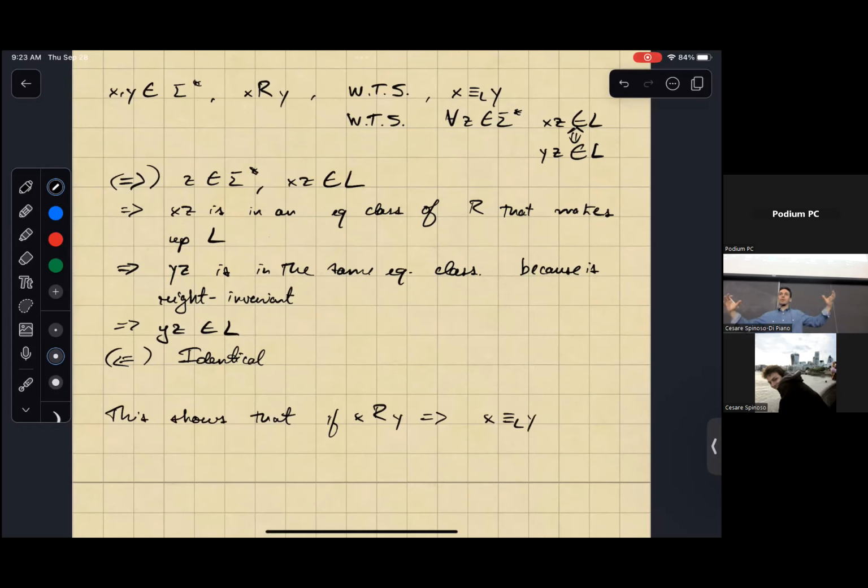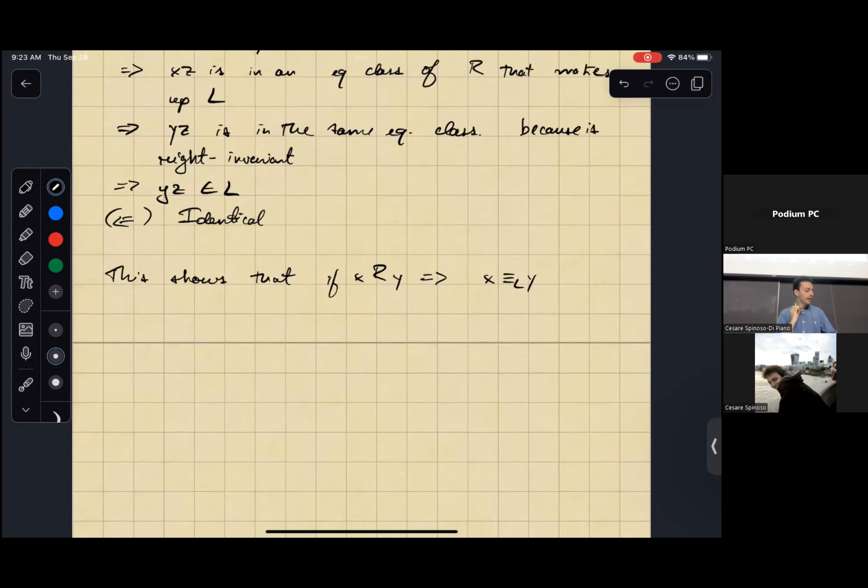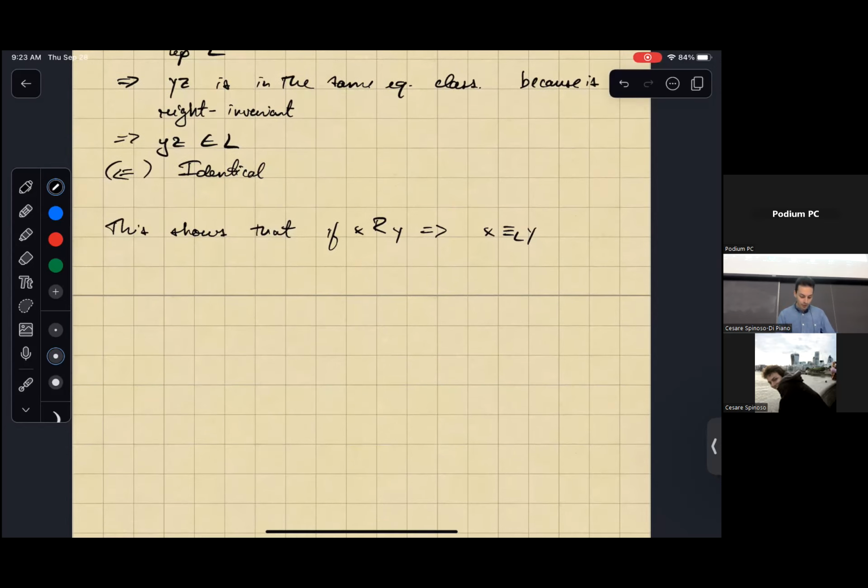In other words, the Myhill-Nerode relation is coarser than the relation R, because it contains one or more of its equivalence classes. The equivalence classes of the Myhill-Nerode relation, that is. Okay, so that completes 2 implies 3. Now, for my last trick, I'll do 3 implies 1. But before that, any questions?